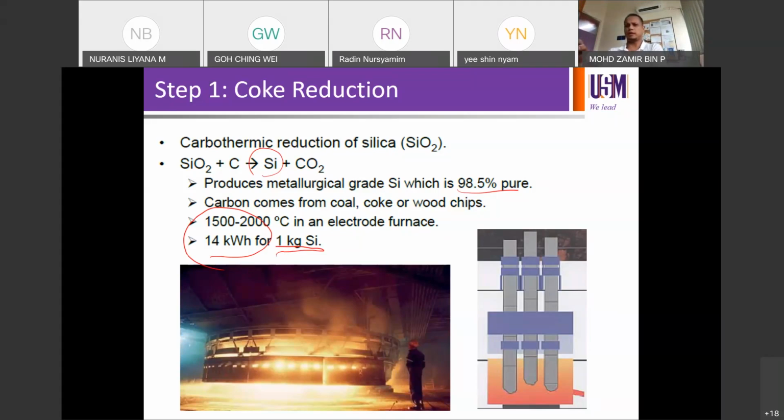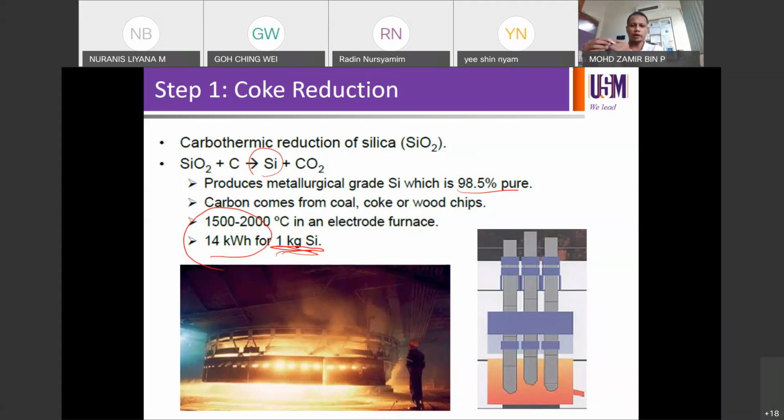So is it an energy intensive process? If you look at this, 1 kilo silicon requires 14 kilowatt hour. How much is 1 kilo? 1 kilo is one pack of sugar, right? Have you ever bought sugar? It's just a small pack of sugar.